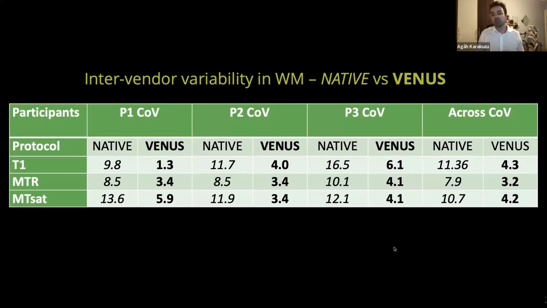So coefficient of variance is one way to quantify the impact of Venus on reducing variability. And this table shows that it is reduced for each participant and across participants for T1, MTR, and MT-set. But this statistic doesn't characterize to which extent and how distributions differ on the original scale of the measurement.